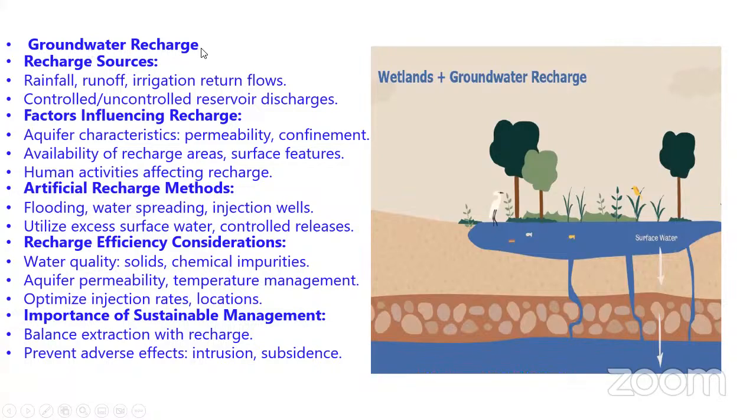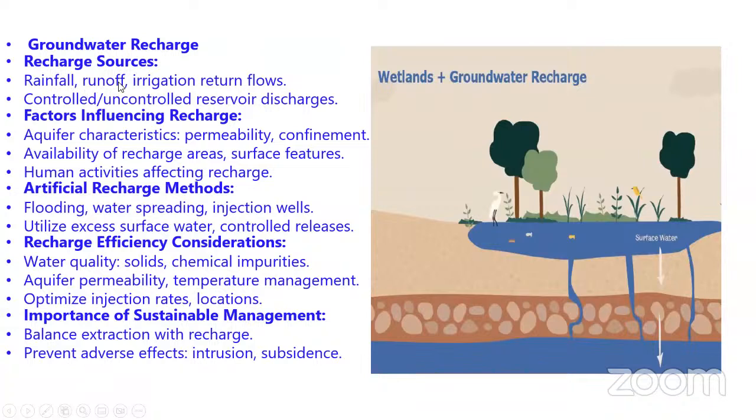See here, groundwater recharge sources are rainfall, runoff, and irrigation return flows. As we discussed in the first hydrogeology presentation, in the hydrological cycle, rainfall, runoff, and irrigation return flows are the main sources for recharge of groundwater, and controlled and uncontrolled reservoir discharges. This is secondary.